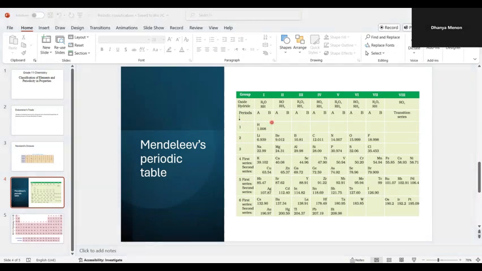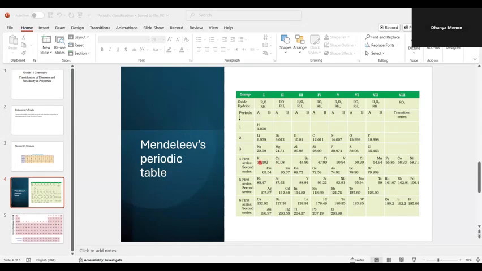According to the Mendeleev periodic table, there were 8 vertical groups and 7 horizontal rows. Mendeleev also talked about valencies. In fact, he worked upon the formulas and talked about the valencies.